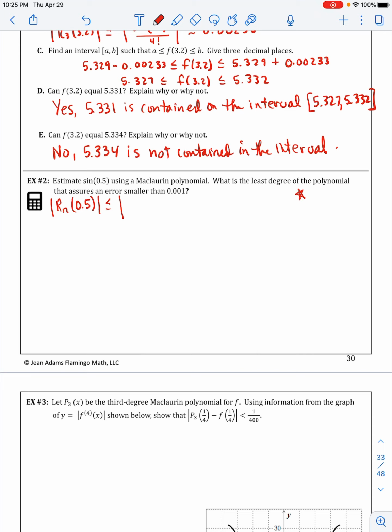But we know that it's going to be less than or equal to, and one thing that you need to know for this, and this might come in handy any time you're doing an error, is that for sine and cosine, the absolute value of sine x has to be less than or equal to 1, and the absolute value of cosine x has to be less than or equal to 1.